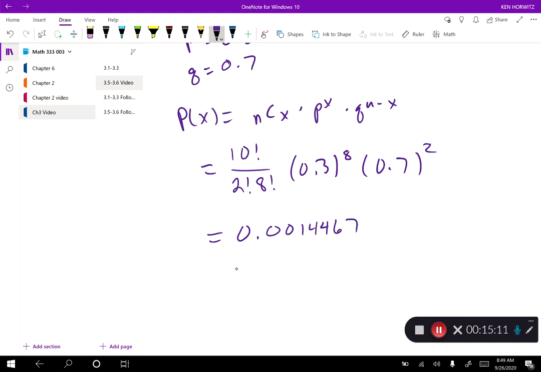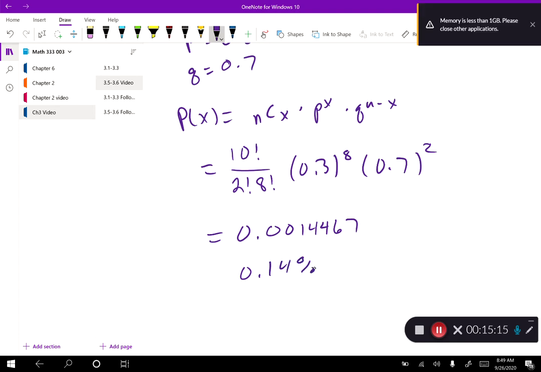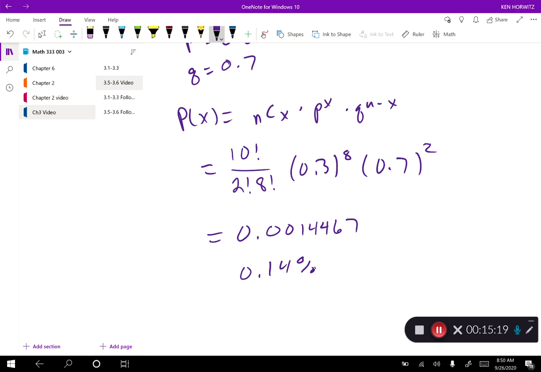All right, or you could say 0.14% probability that out of rolling 10 times, you will get 8 4s. Okay, so take a look, check your work, and in a minute we'll go to the next problem.